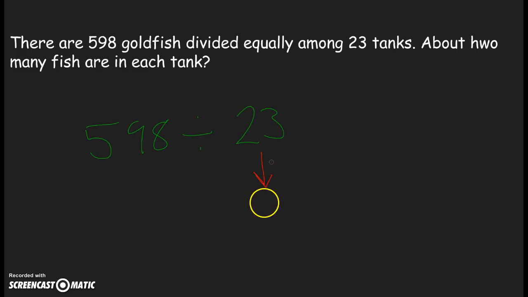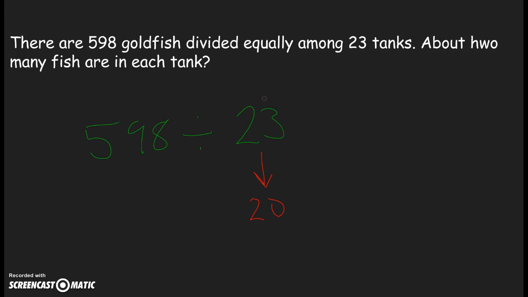I'm going to round 23 down to 20. 23 is about 20. All right, well, what will 2 go into evenly? Because we know that 2 is not going to go evenly into 5 here. So let's think. Well, 2 is an even number, and I know that any even number is divisible by 2.